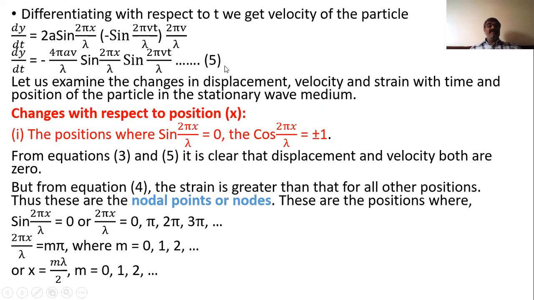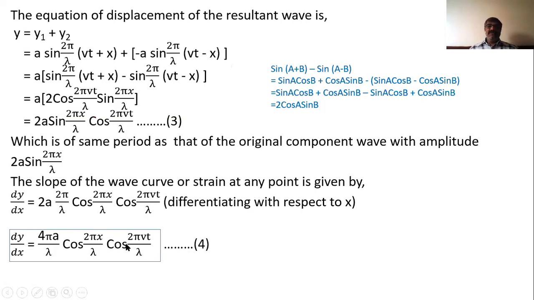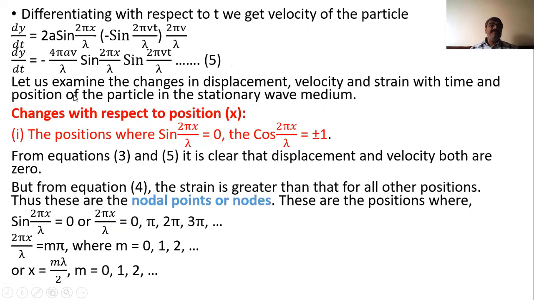So we obtain displacement and velocity. The important thing is that in displacement, the position term is sine and the time term is cosine; in strain both are cosine terms; while in velocity the position term is sine, and again both terms are sine.